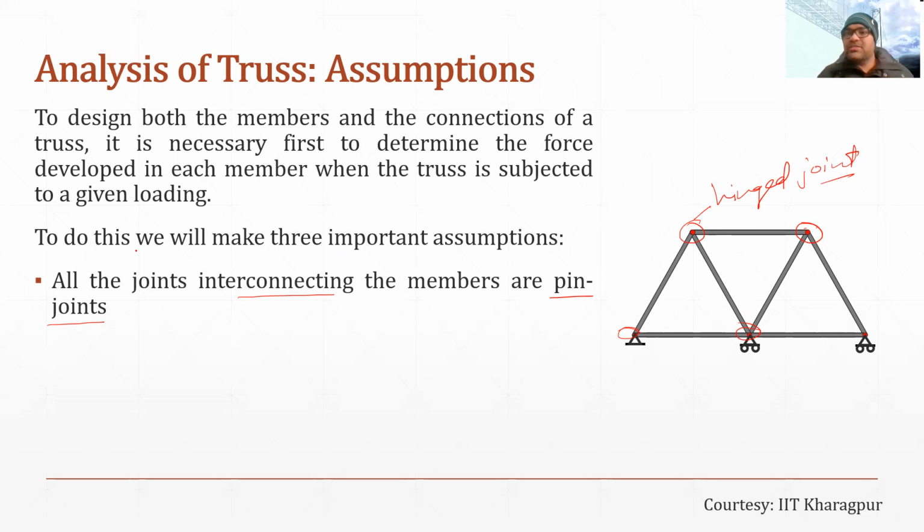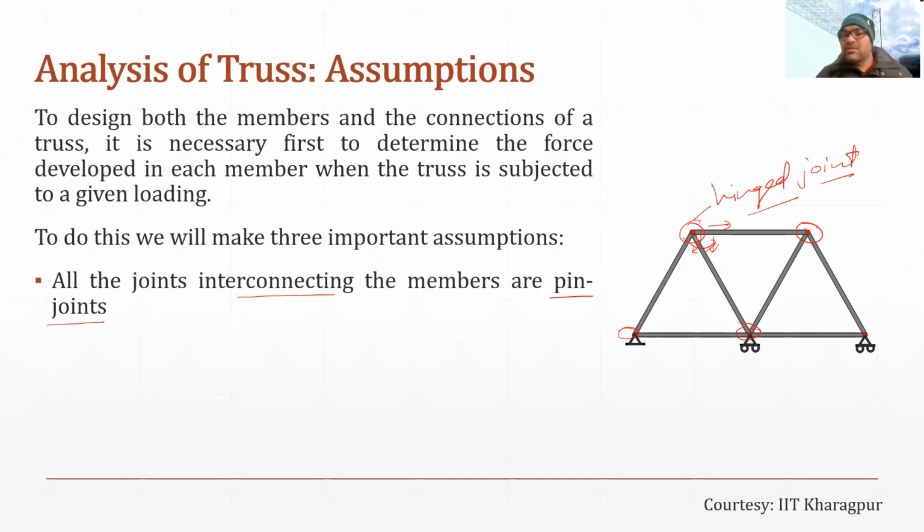Now, hinged joints are those joints which will not allow any translation, which means they will not allow any movement along the x-axis or along the y-axis, but they can permit rotation. So the joint can rotate like this or like this.